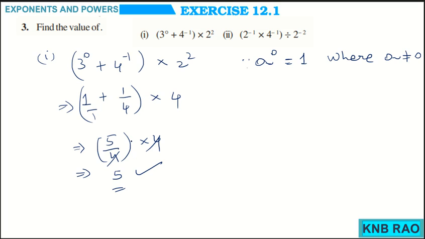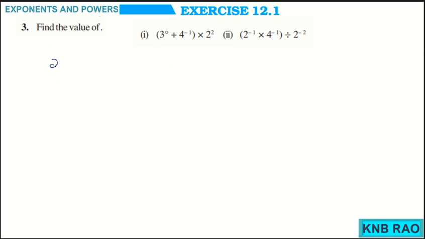Coming to the second sub question. 2 power minus 1 into 4 power minus 1 divided by 2 power minus 2. So first, the value of 2 power minus 1 is 1 by 2, and 4 power minus 1 is 1 by 4.